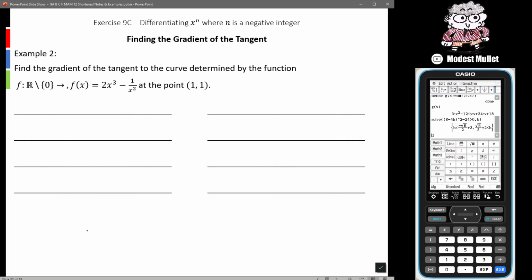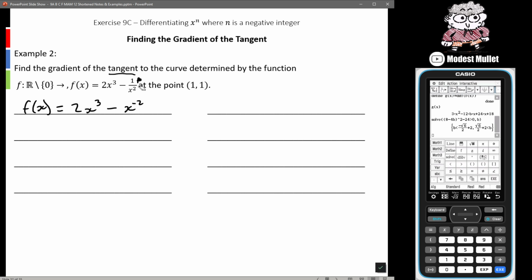Find the gradient of the tangent to the curve determined by the function at the point (1, 1). So we just want to find the gradient. Actually, we want to rewrite this in regular polynomial form, minus x to the negative 2, because we're just taking that up to the top.